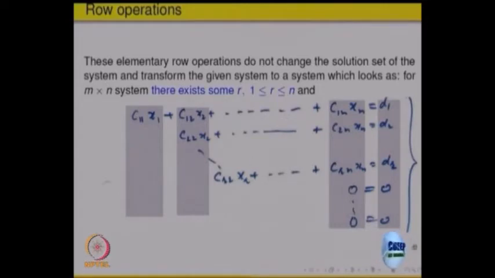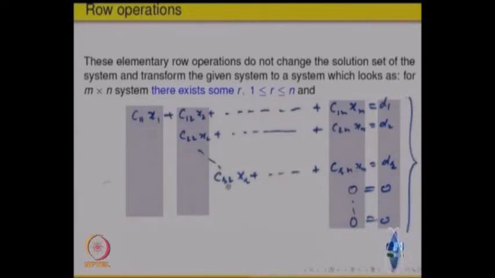So, let us now suppose that in this last equation the remaining equations are always true, but look at this equation. Suppose it so happens that all the coefficients C_rj are 0, but d_r is not equal to 0.